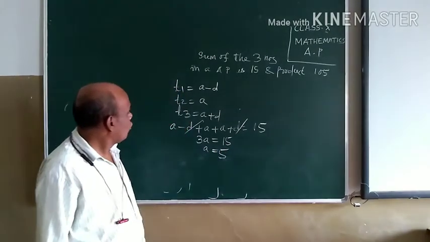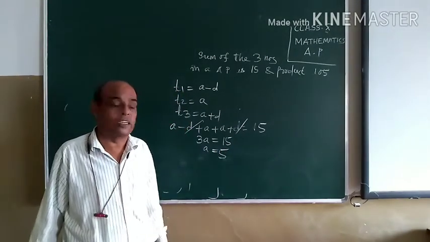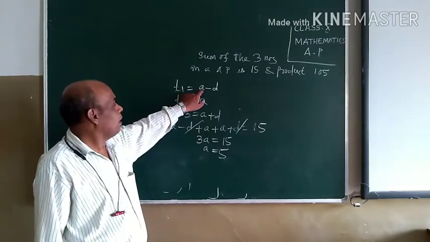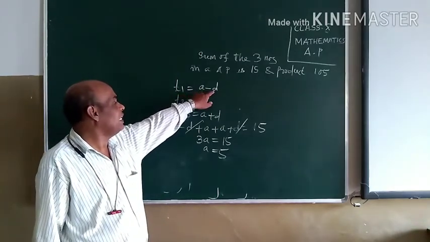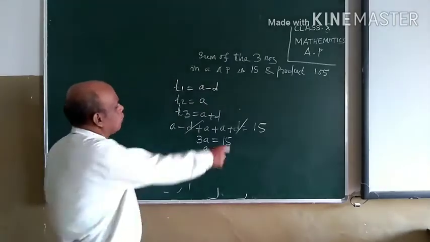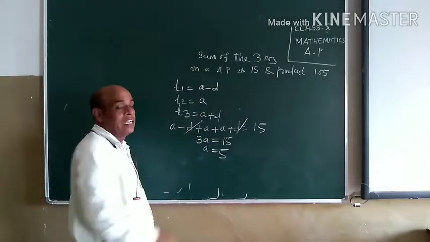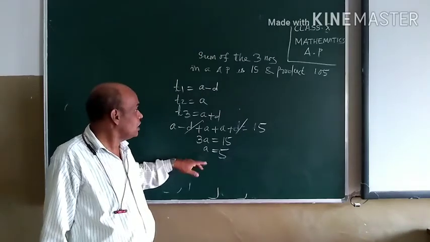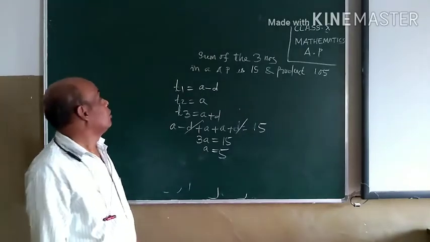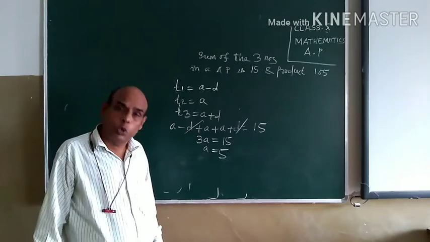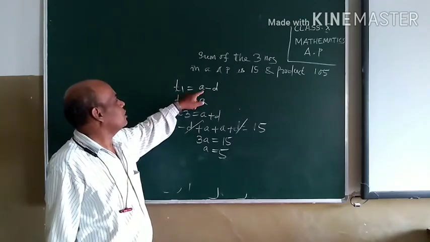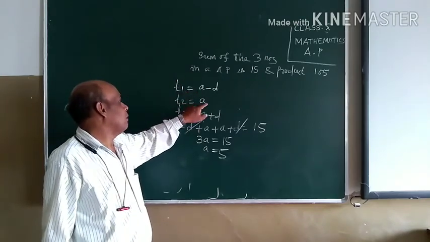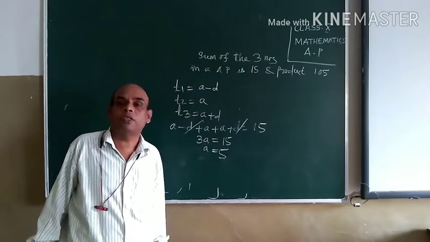So remember what benefit we got here. If we are assuming the first term is a minus d, then plus d and minus d cancelled, and we are getting directly the value of a. This is the convenient method, but we can also do it by taking the first term a, second term a plus d, third term a plus 2d.